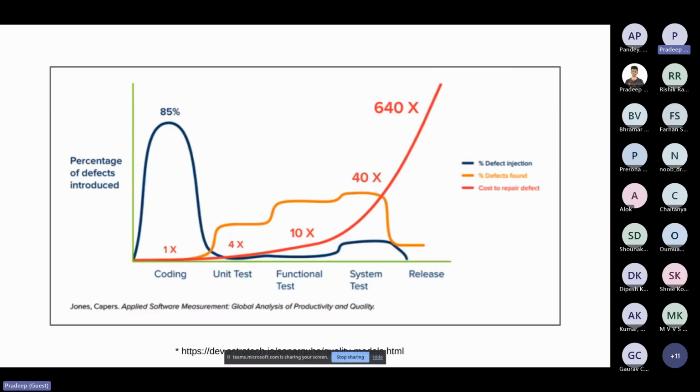And the defects are found later in the process when you do a lot of testing on the code, and the cost to repair the defect increases in an exponential fashion towards a release, because when things are out and you break something, there's a lot of chaos, and you not only have to deal with the technical aspect of it, but also the customer standpoint, and the system that's affected.